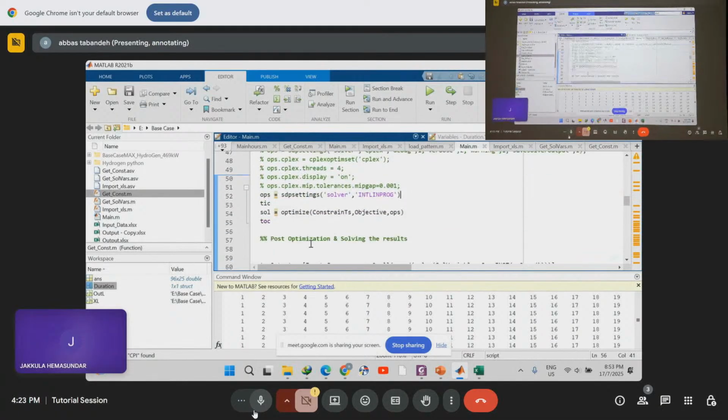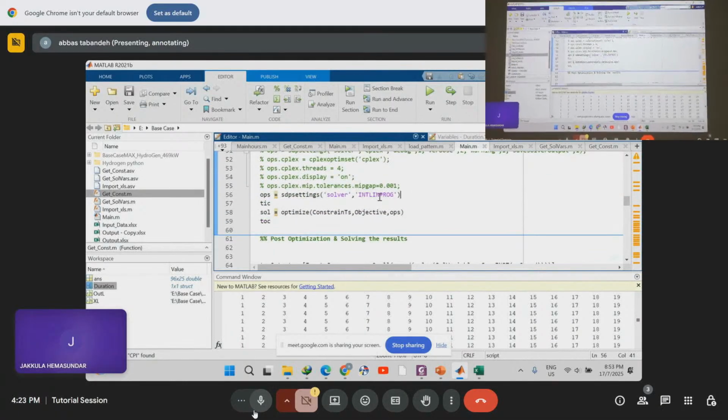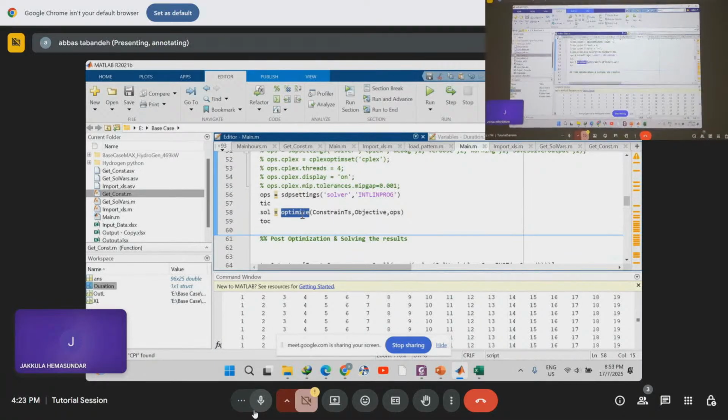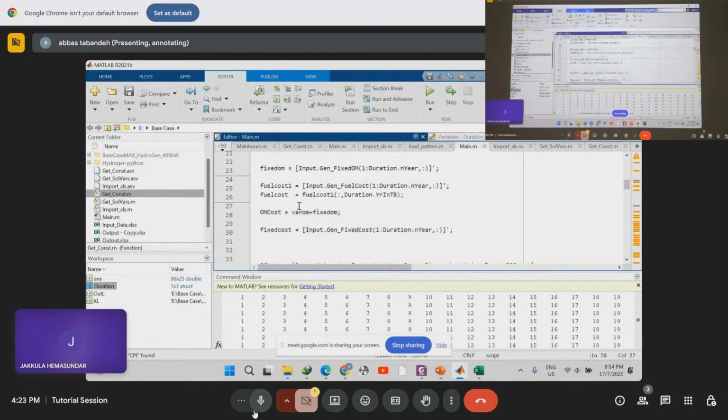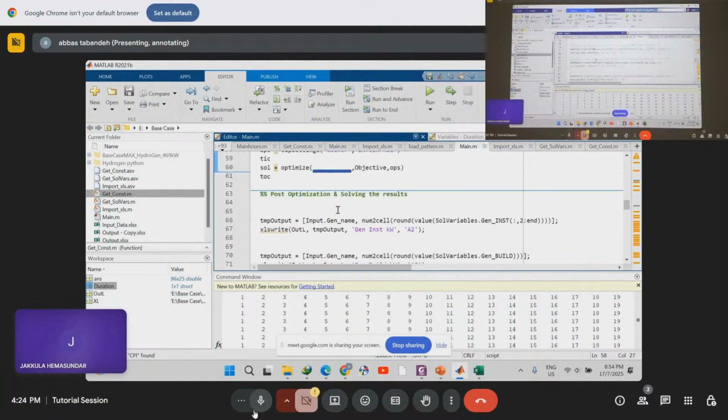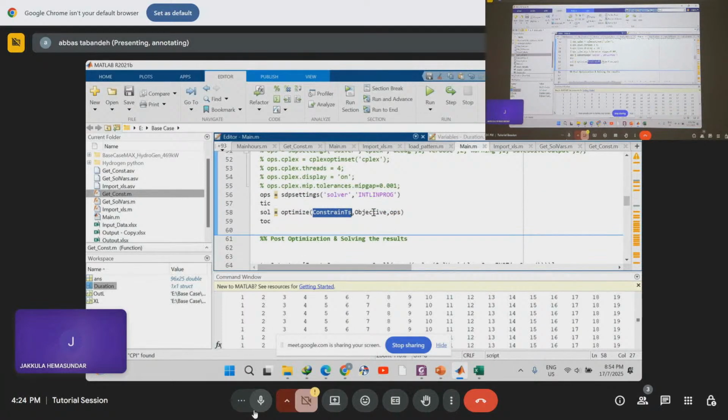It shows how we can choose the settings for the solver. And then this syntax is important, optimize. It is a built-in function in this toolbox. And we need to write constraints that we have defined, and objective, and the settings that we have defined, option that we have defined for the solver.